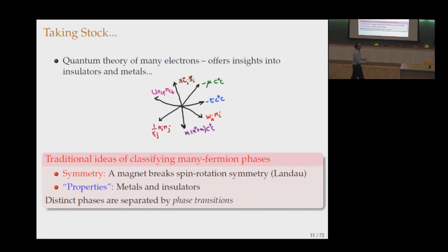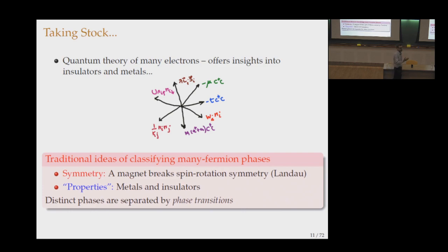Okay, so what is the traditional wisdom in this game? Much of the wisdom that I'm pointing out here was actually taught to us by Landau. Landau pointed out that if you want to classify distinct phases of many particles or many degrees of freedom generically, you can use symmetry as a classifying principle.